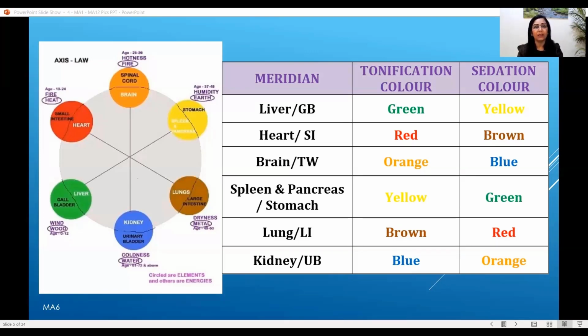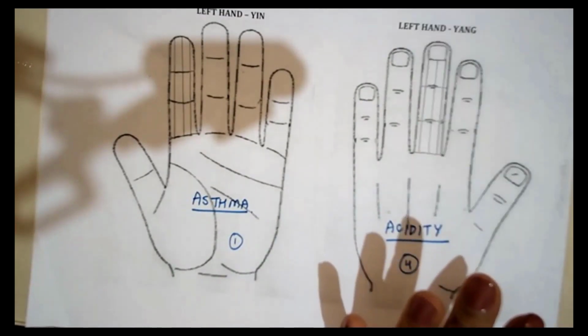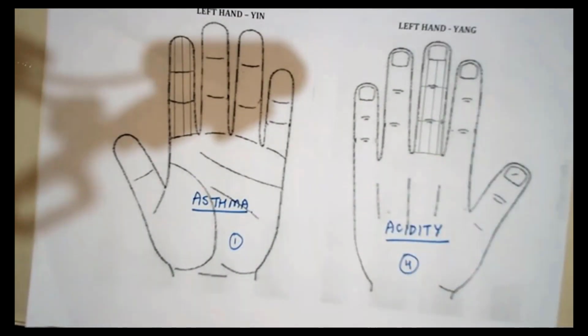Now, I will demonstrate it by taking some examples of diseases and understanding where and how to tonify or sedate. Let me just share my screen and show it to you. Okay, the first disease that I'm taking is asthma. Now, for asthma, basically there is lack of energy flow in the lung meridian.